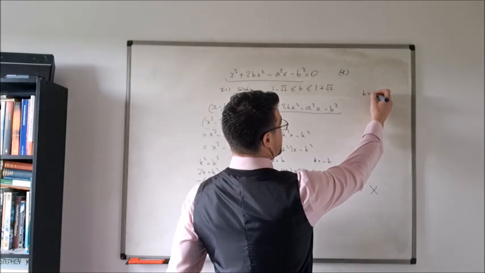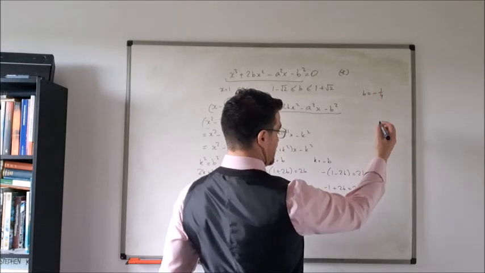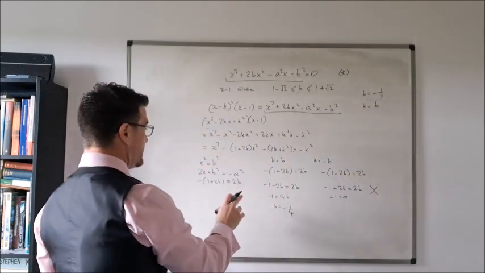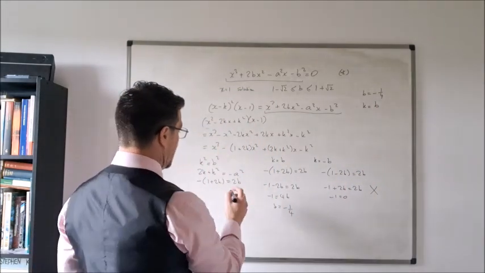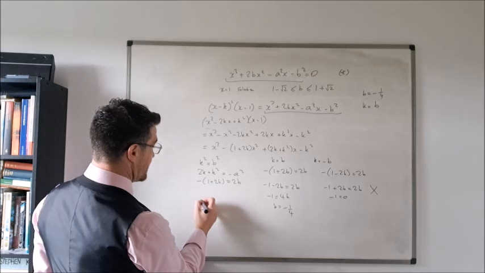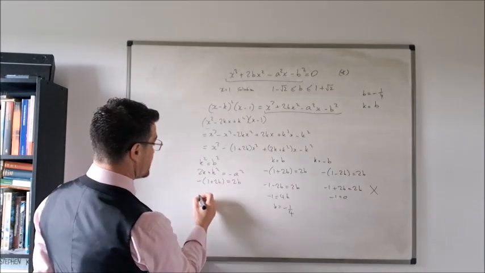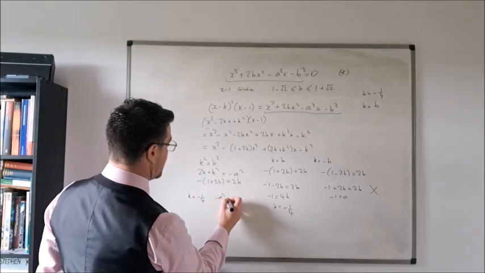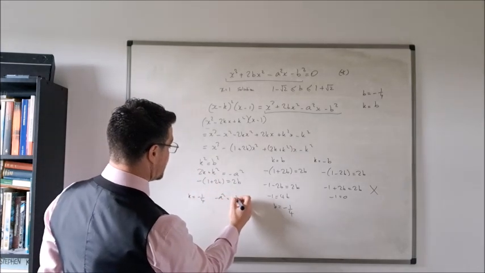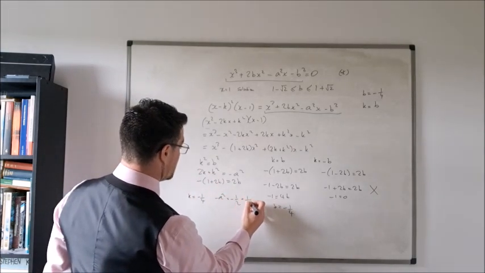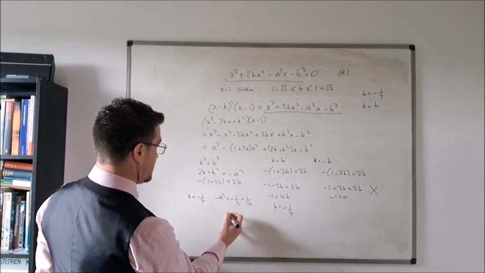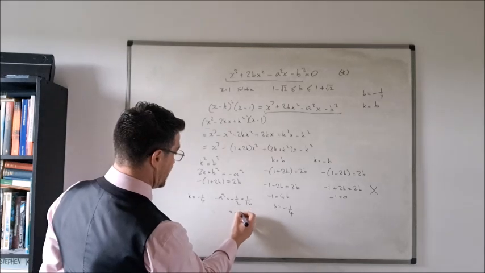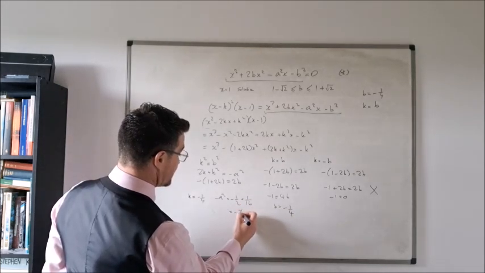We've got b equals minus a quarter, and we also know that k is equal to b. And just for the hell of it, let's find the value of a. So with k equals b, k equals minus a quarter, then minus a squared is equal to twice k, so minus a half, plus 1/16, which is minus 8/16 plus 1/16, minus 7/16.